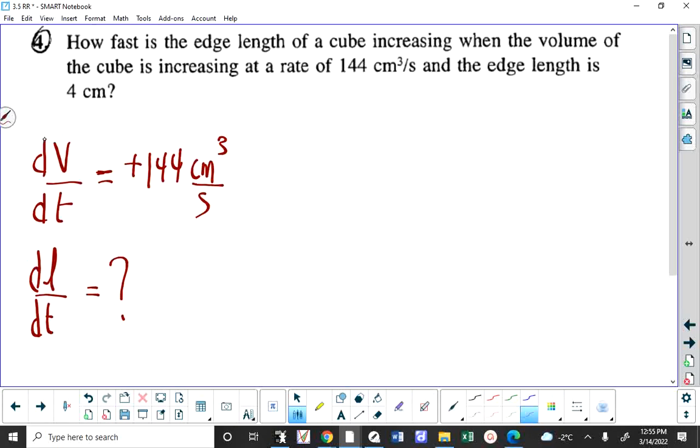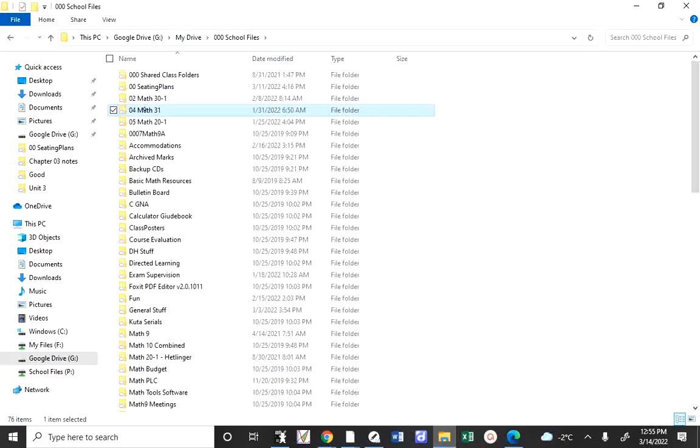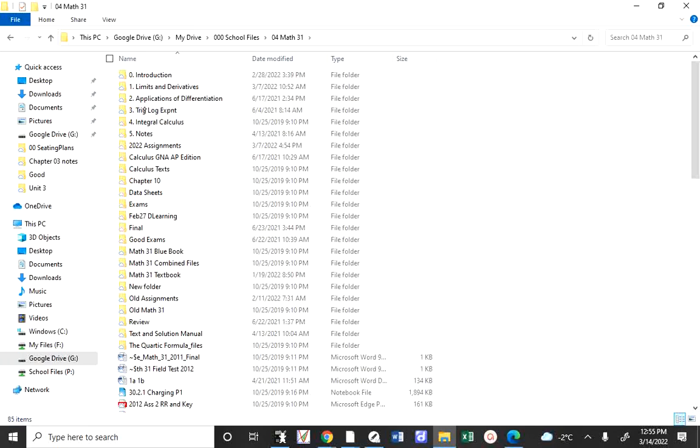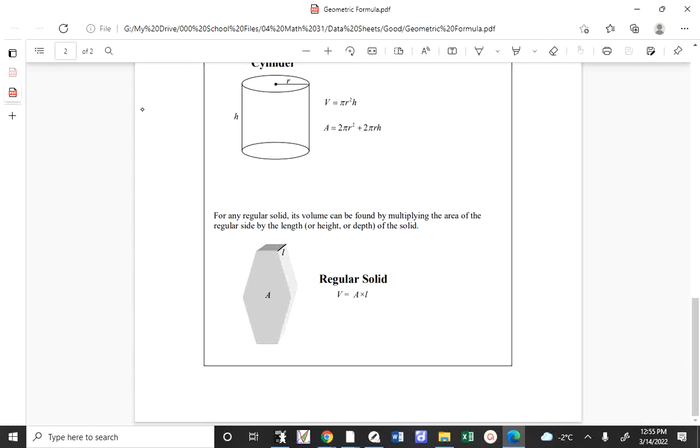Now, if you were to go to the formula sheet I've given you, a cube is what classifies as a regular solid.